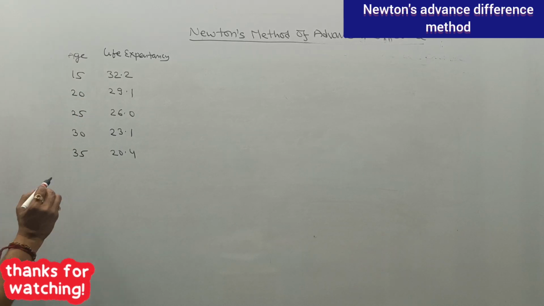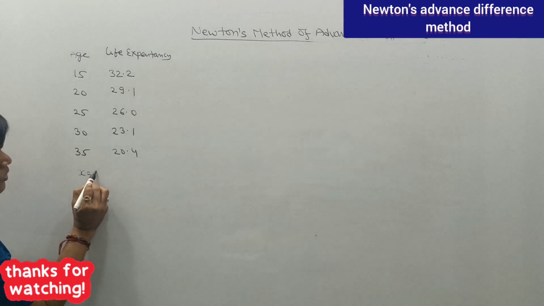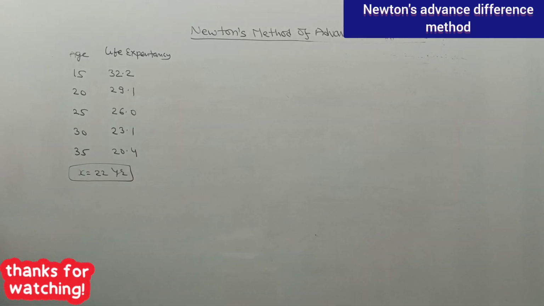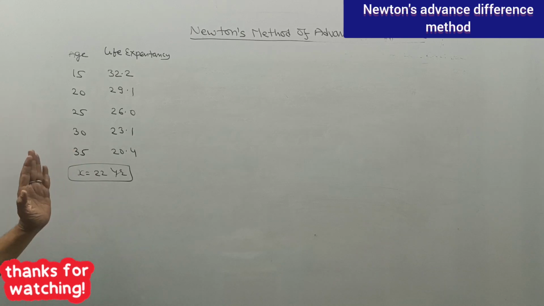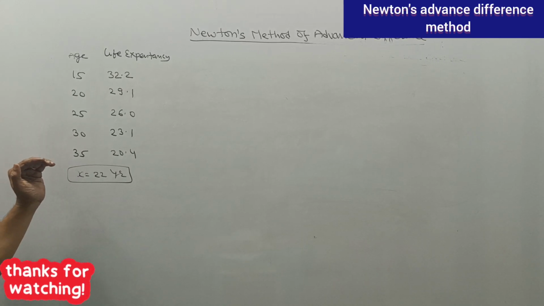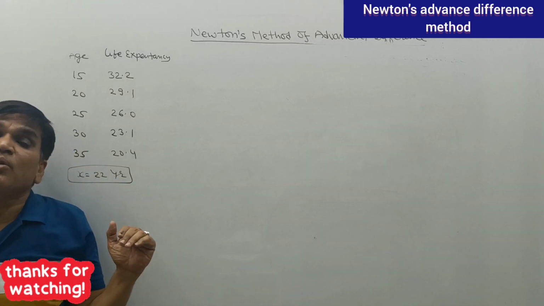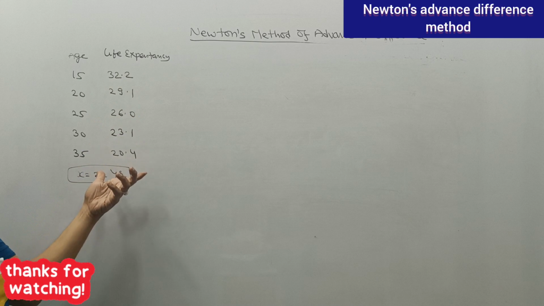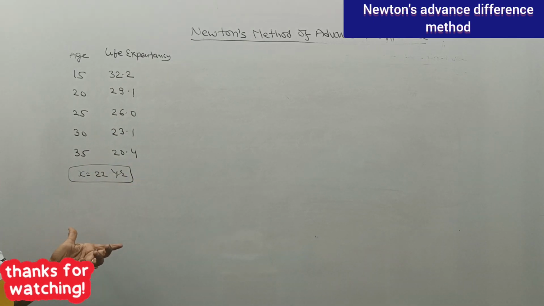We have to calculate for a person who is 22 years old, how much his life expectancy is. For that, first we have to get the Newton difference.